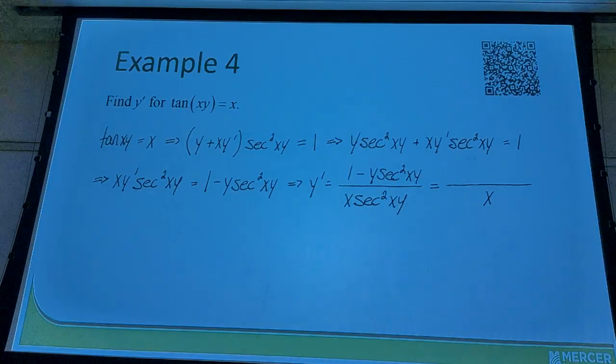Why does that one make it hard? That's minus.